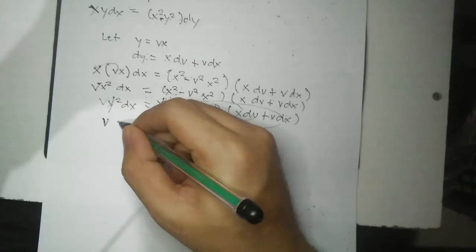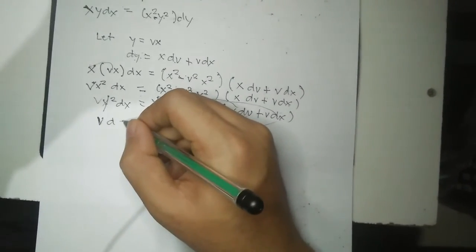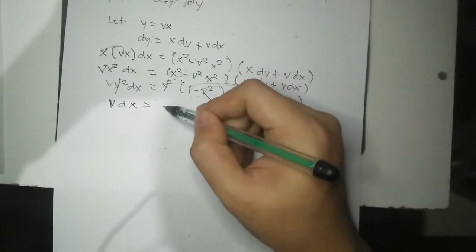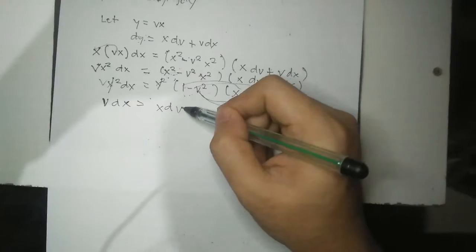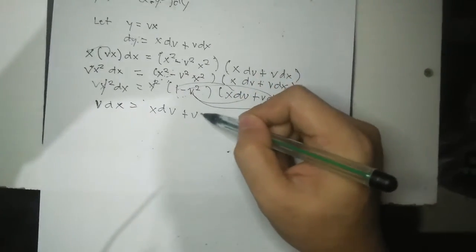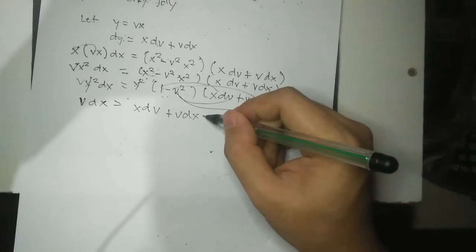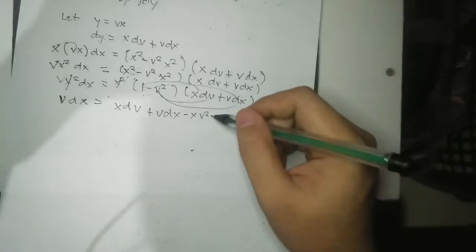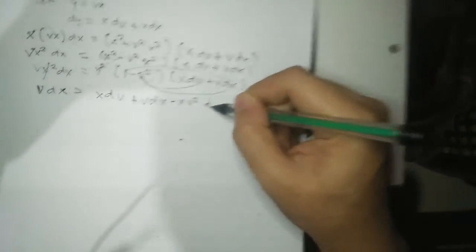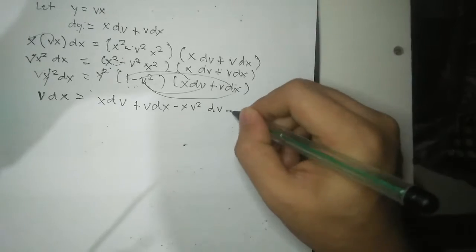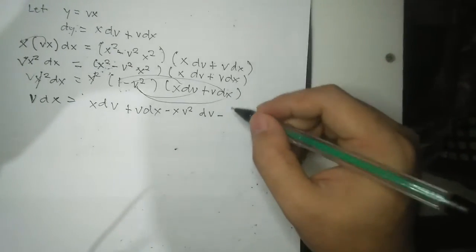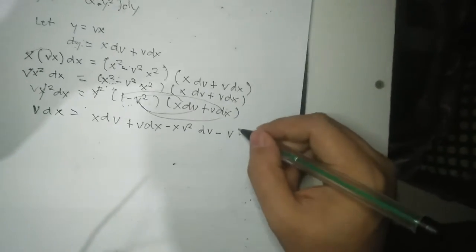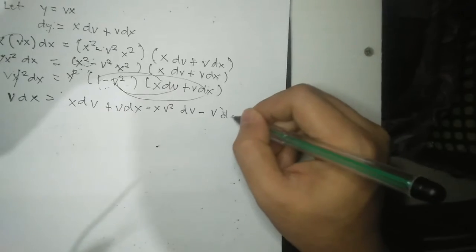So this will become v dx is equal to the distributing factor x dv plus v dx, negative v squared dv is equal to v dx.